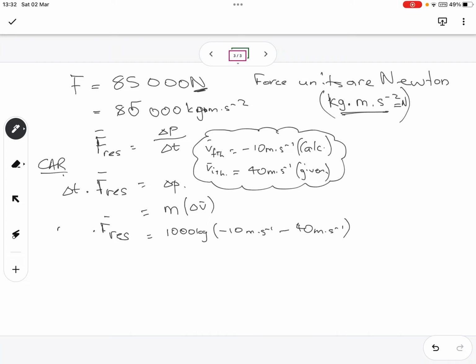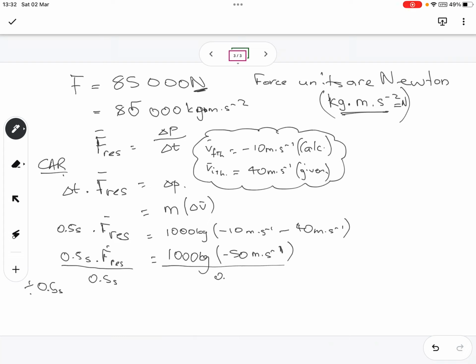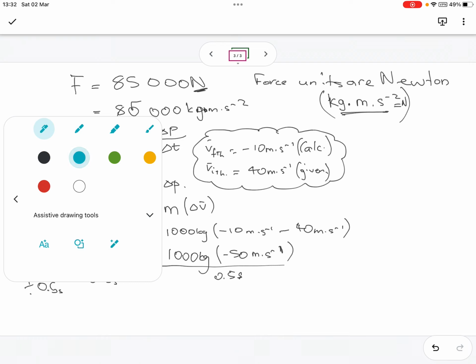We don't know if this collision had a force that could cause fatal accidents or injuries, but we know that it lasted for 0.5 seconds. Now on the right hand side we have 1,000 kilograms times negative 50 meters per second equals 0.5 seconds times resultant force. When we divide both sides by 0.5 seconds, then we have that divided by 0.5 and that divided by 0.5 seconds.